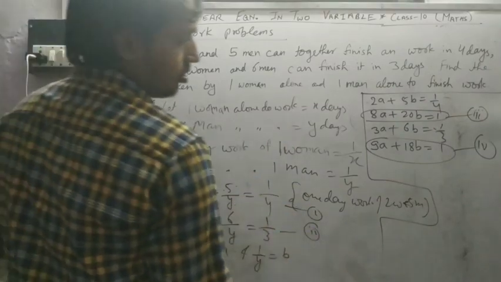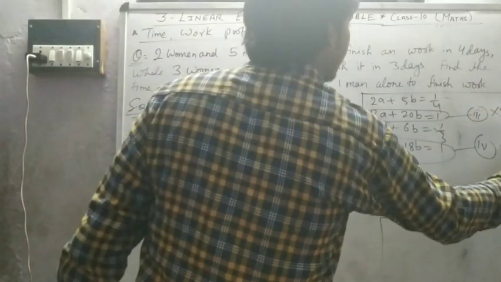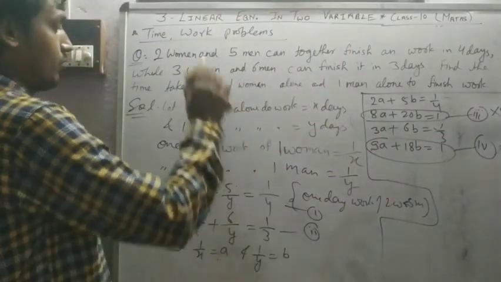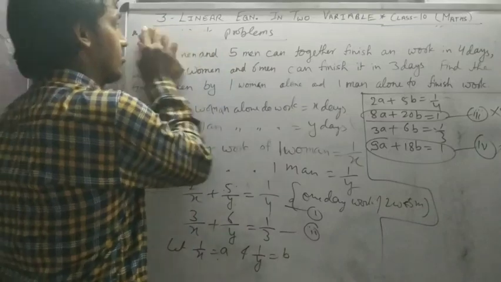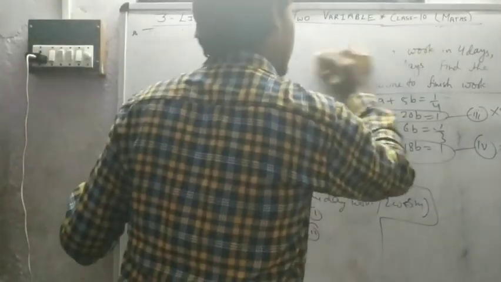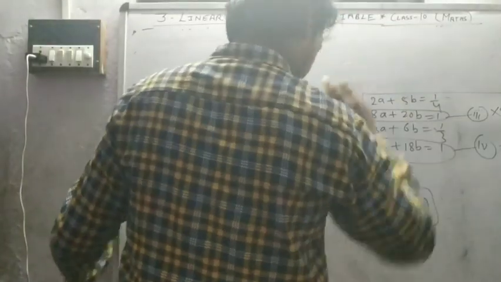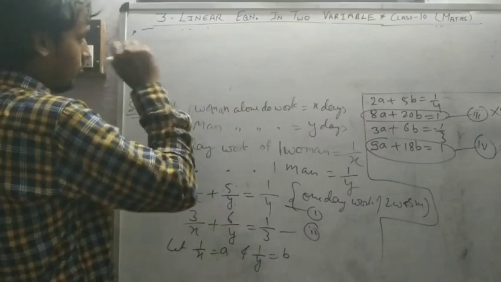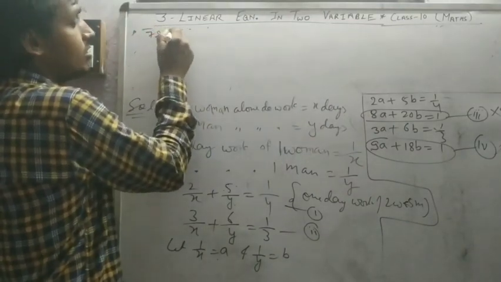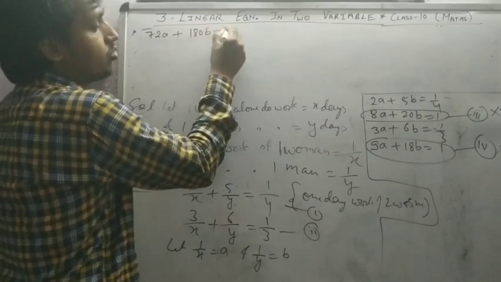So by multiplying this by 9 and this by 8, we equalize the coefficient of a. Multiply by 9: 72a plus 180b is equal to 9.